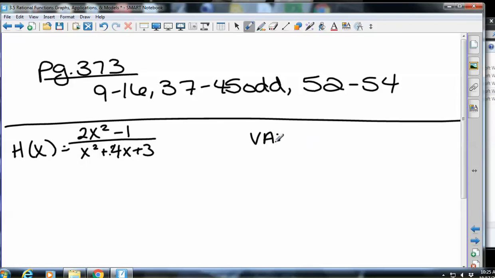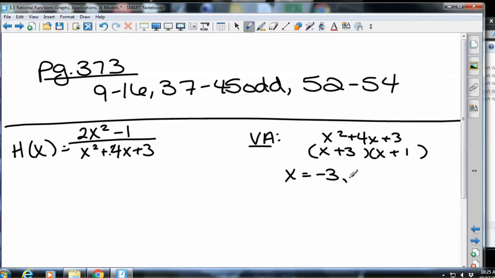Vertical, you have to check on every one. If I just said find all the asymptotes, you have to figure out what makes the bottom 0. So you would need to do your box method here. Multiply to 3 and add to 4. So your vertical asymptotes would be x equals -3, x equals -4.